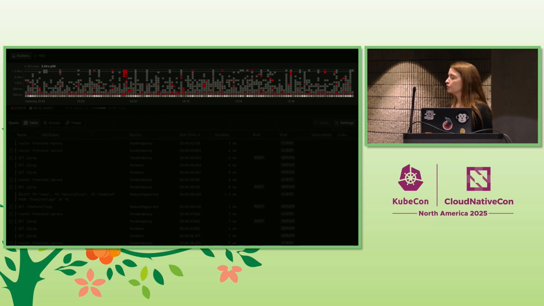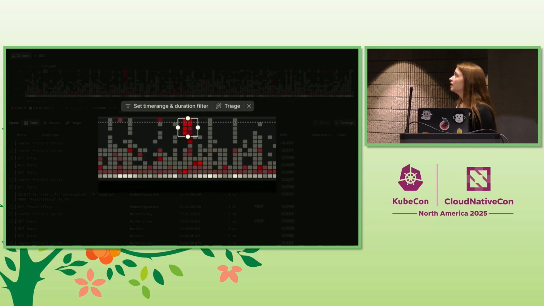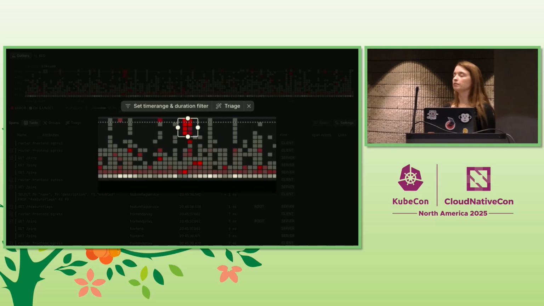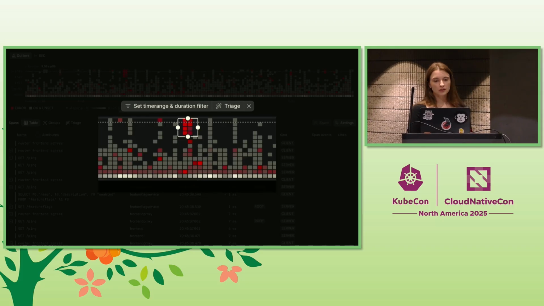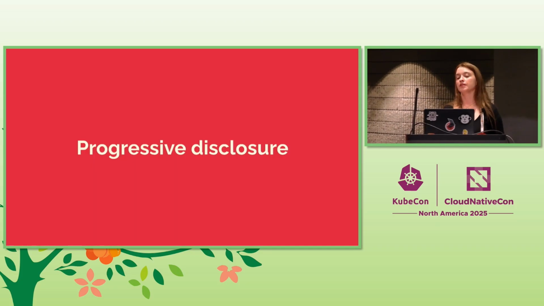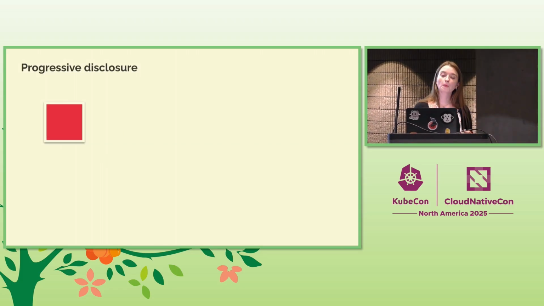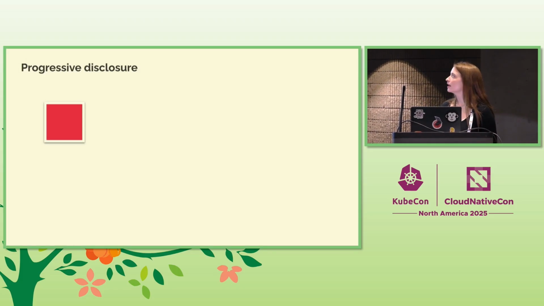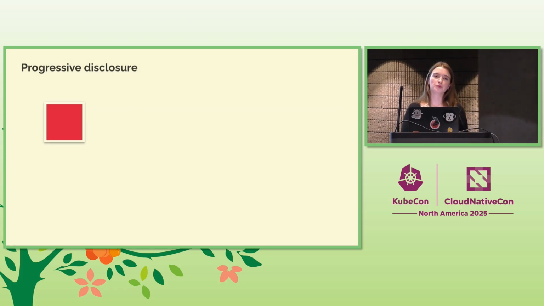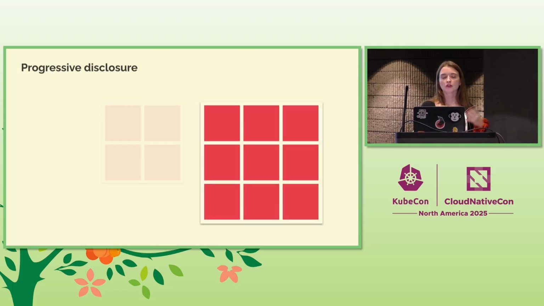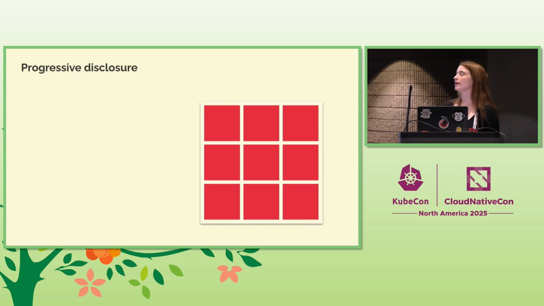So you can focus on what is important to you, and then, of course, you can drill down even deeper and add more complexity only if you want to. And that's my next design principle, which is progressive disclosure. Progressive disclosure means that we provide people with a clear path that they can follow, revealing complexity only when they ask for it.